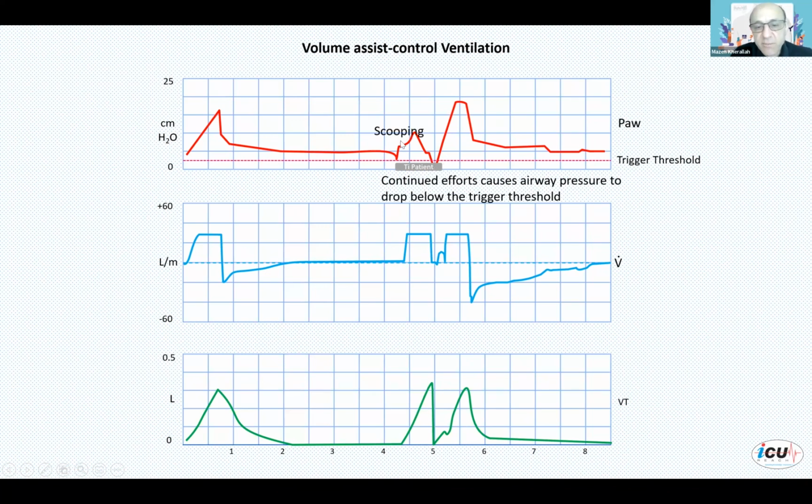The indication that the patient is breathing here is this scooping of the initial pressure here. And the inspiratory time is actually imaginary here. It is from this point to this point here. And the second breath is stacked above the first one.